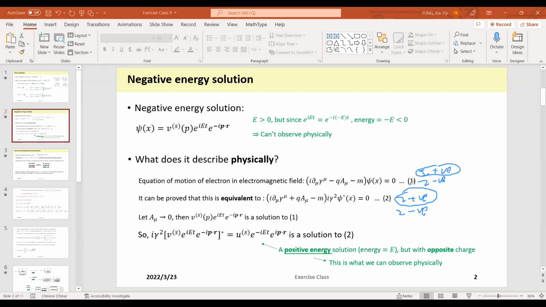But mathematically, we will use these four solutions. And how we interpret these two negative solutions is that they actually correspond to these two positive solutions, which is really the antiparticles.